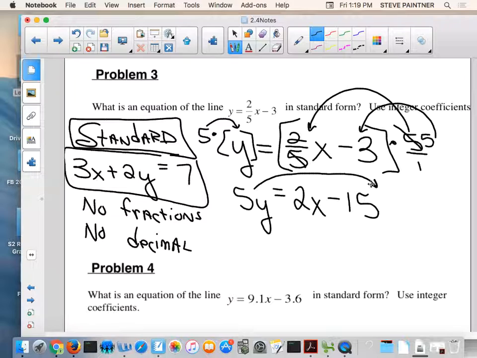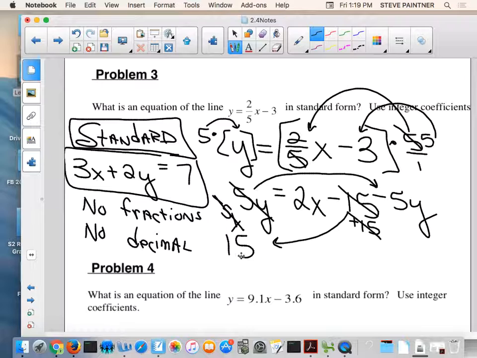How? Minus 5y knocks out the 5y, correct? So that it's 0. Minus 5y. Okay. The 15, we need it to come to the other side. How? Add 15. That knocks out the minus 15. And then we've got to add 15 here. I'm sorry, this is really messy looking.